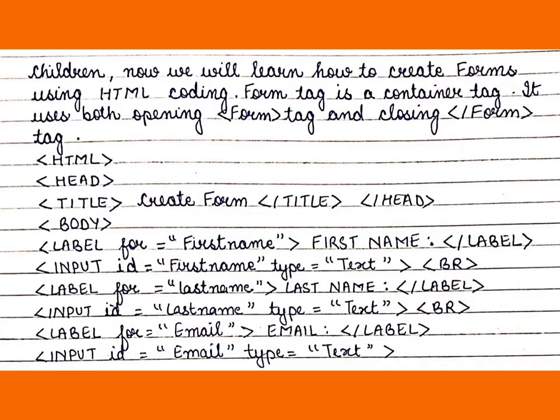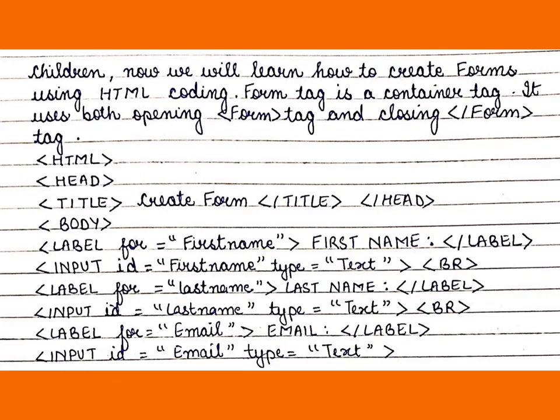Start with the HTML tag, then use the head tag. Under the head tag, title tag will come as we have given the title as create form. Close the title tag and close the head tag also. Now start with the body tag.